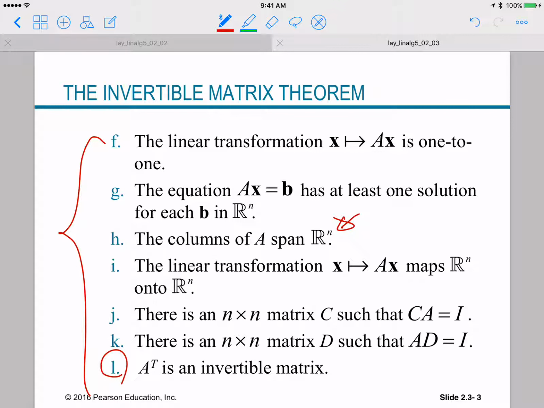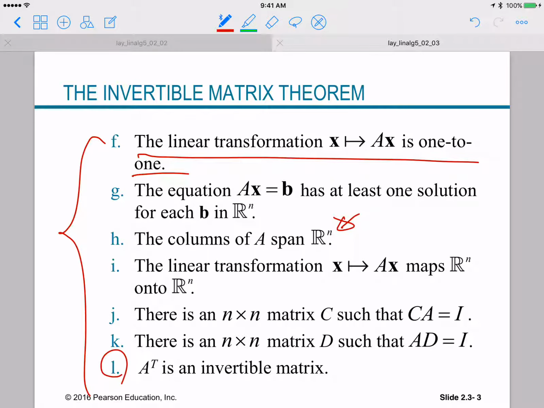Here, there are some familiar statements, such as when viewing your matrix A as a linear transformation, if your linear transformation is 1-to-1, that means your matrix is invertible. Okay, but this is not always true. But when we start with only the square matrix, when we consider only the square matrix, then this one is the same as the invertible matrix.